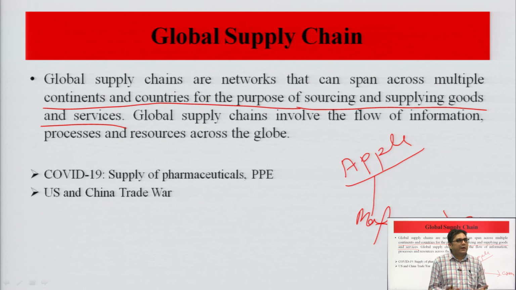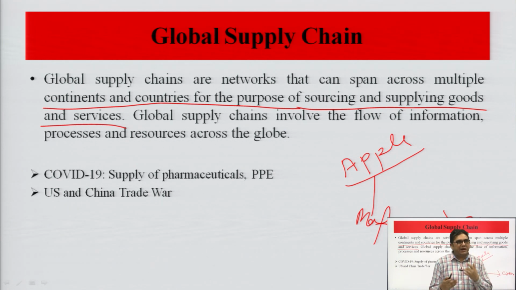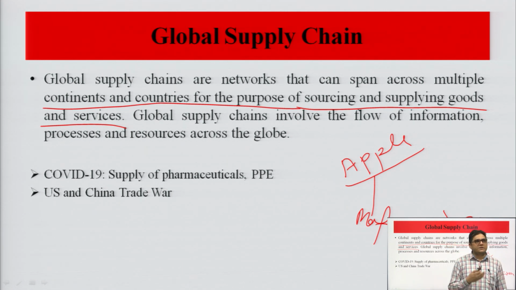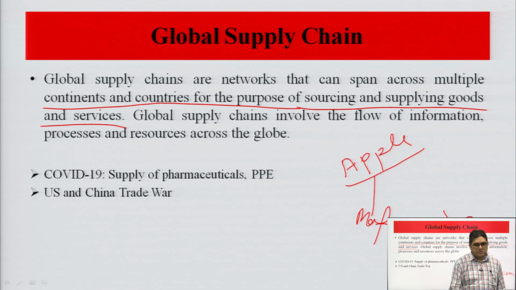And it is not only Apple; there are several companies across the world having their presence in multiple countries and developing their supply chains globally. It is Hyundai, MI, Vivo, Oppo and several other organizations. They are developing their supply chains globally.